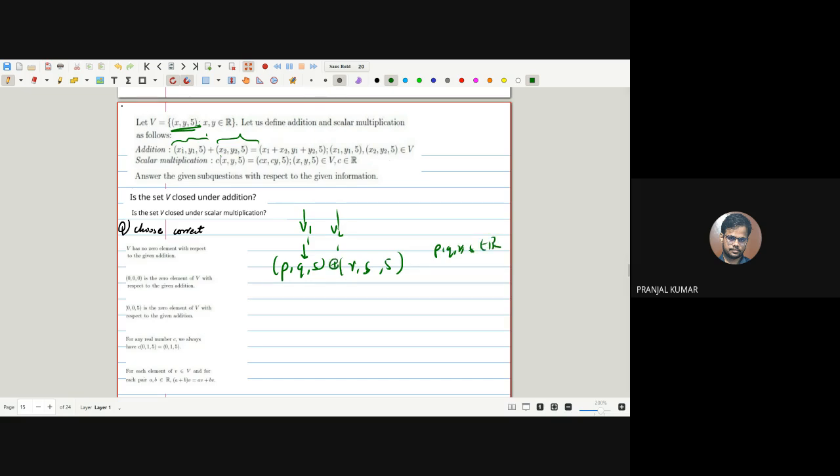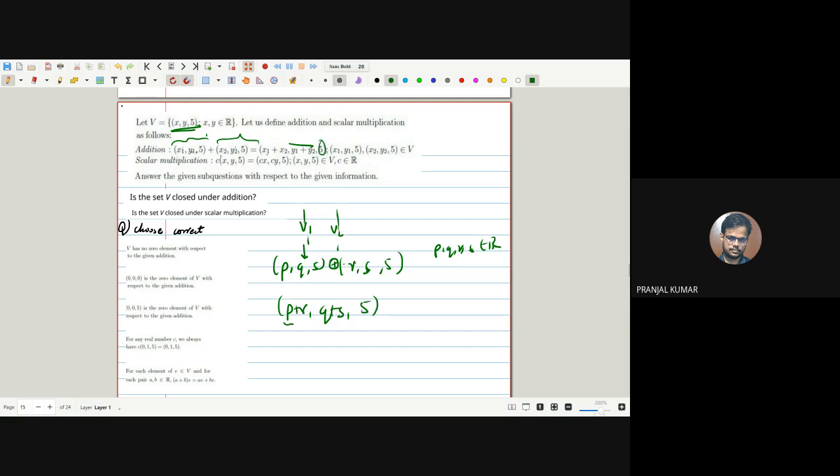Now when you add them, you will get (p plus r, q plus s) from this operation: x1 plus x2 is p plus r, y1 plus y2 is q plus s, and 5 plus 5 is nothing but 5 only.